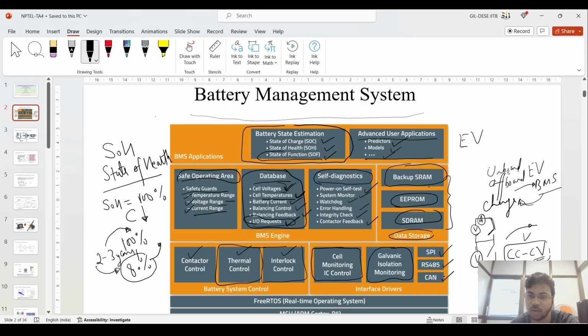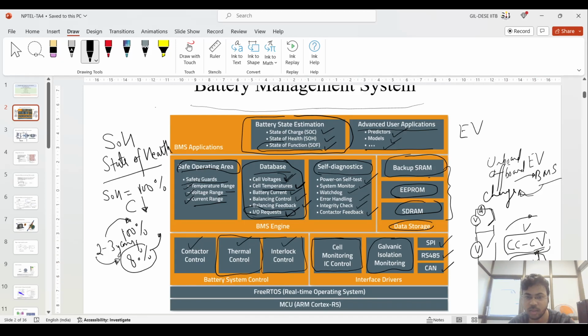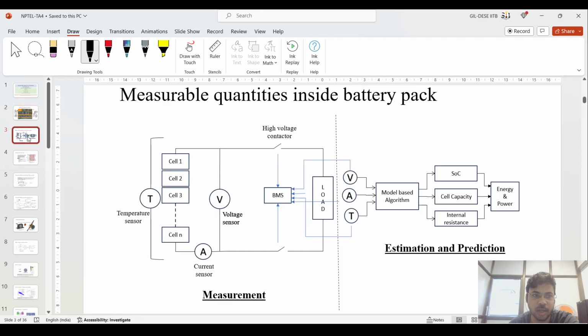And you have certain communications also, serial programmable interface communication, RS485, CAN, control area network based communication. And you also have a real-time operating system, with microcontrollers which can perform overcharging and discharging protection.